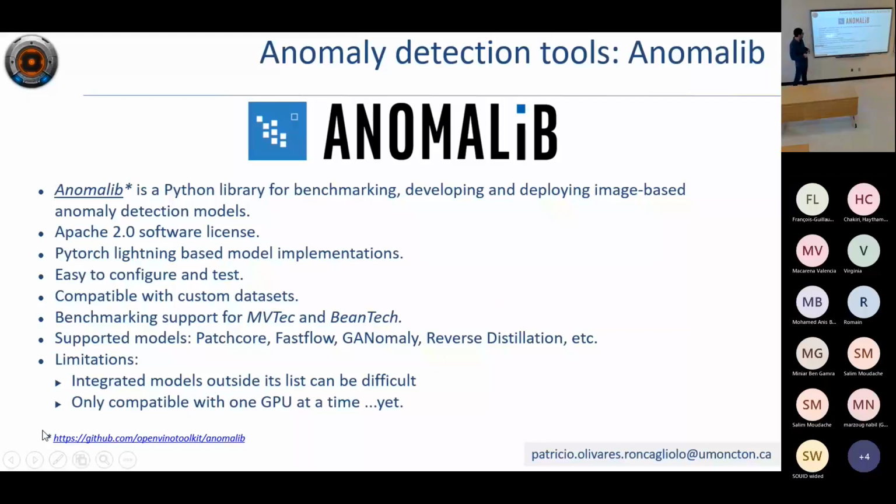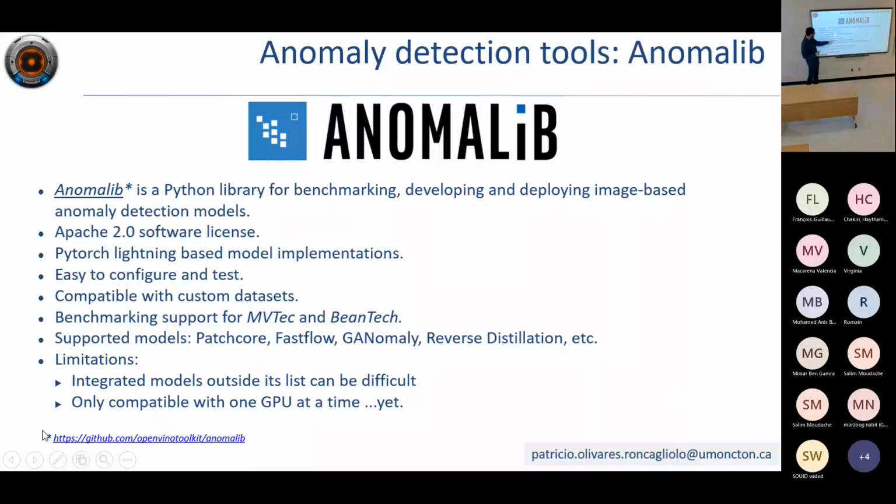Its license is Apache 2.0, so we can use it almost as open source code. It uses PyTorch Lightning, so all the code is based on that. It's really, and I want to stress that enough, really easy to configure and test. So if you want to try several different models, you can do it very fast.